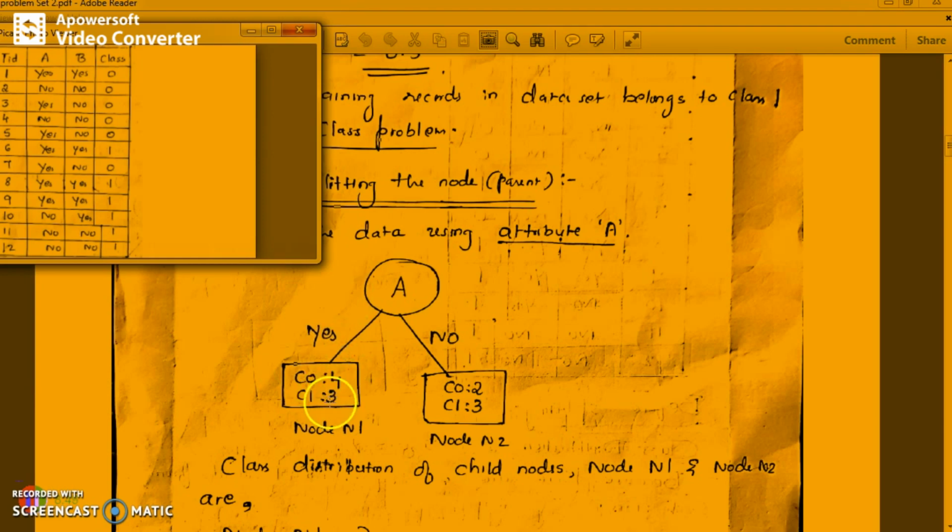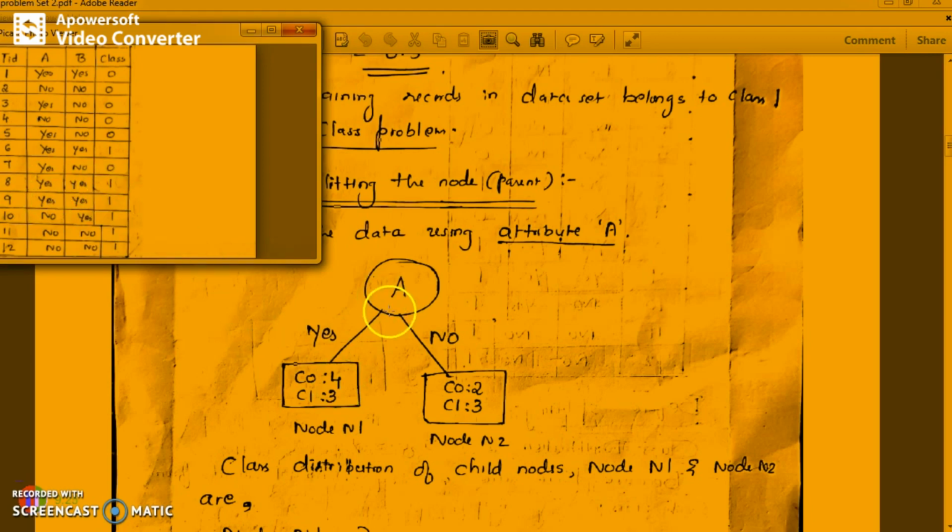What about the class 1 records where A value equals yes? The 6th record has A value equal to yes and belongs to class 1, so the count is 1 now. Again, A value equal to yes, belonging to class 1. Total 3 records I got where A value is equal to yes belonging to class 1.